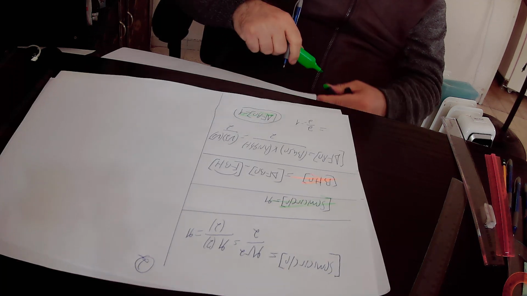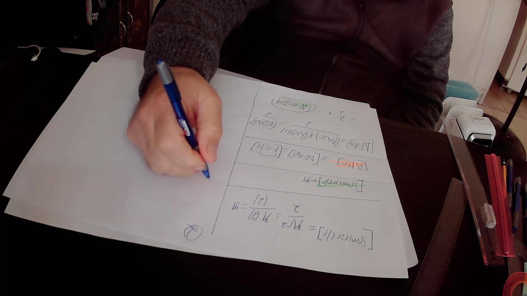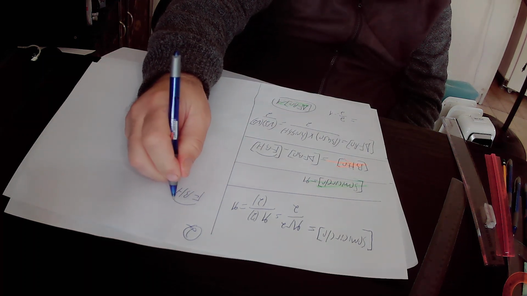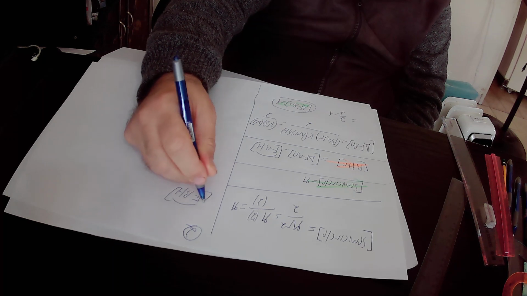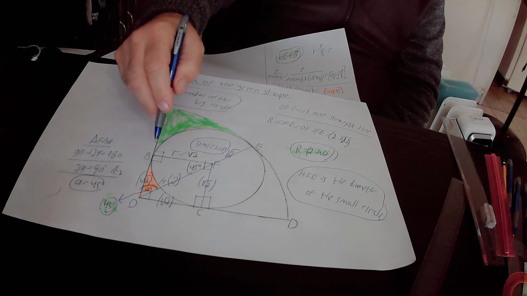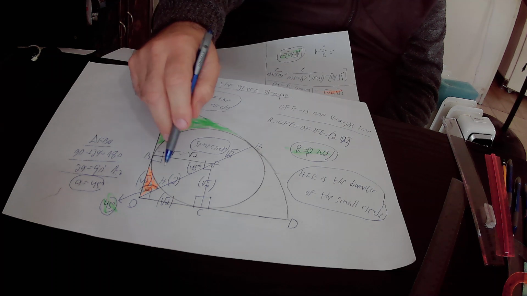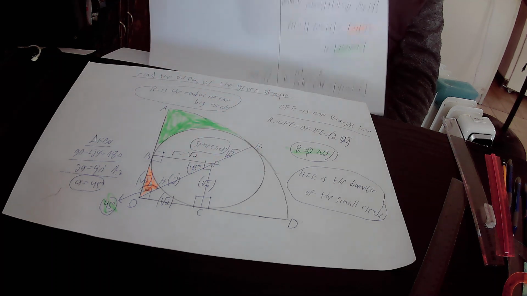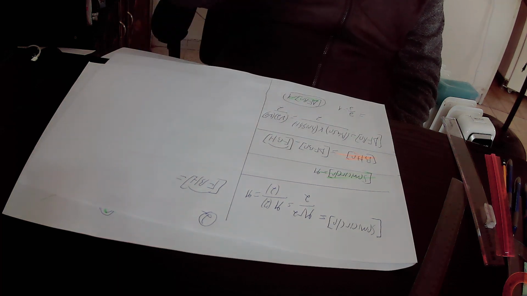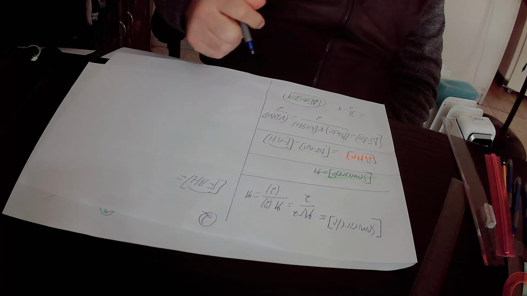In the next step, we find the area of the small sector FBH. I repeat again that this small sector FBH is part of the small circle, and we know that the area of any sector equals the area of the circle that contains the sector times the angle between the legs of the sector.